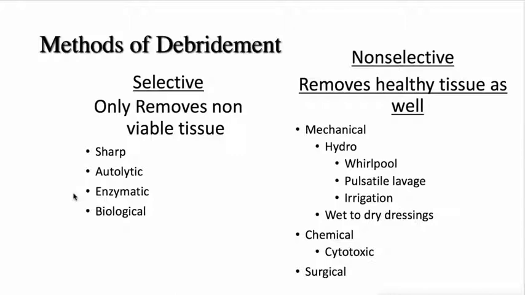Sometimes that's our only choice, but we'll be looking at a few different things. Mechanical would be hydrotherapies of different kinds: whirlpool, pulsatile lavage, irrigation, wet to dry dressings. Chemical through cytotoxic agents or surgical.